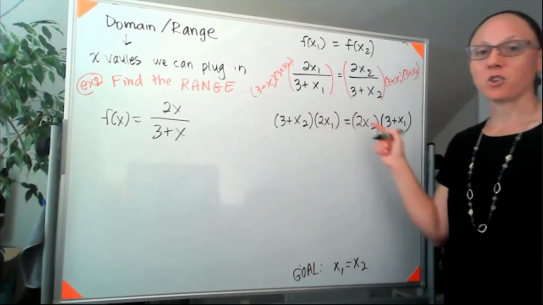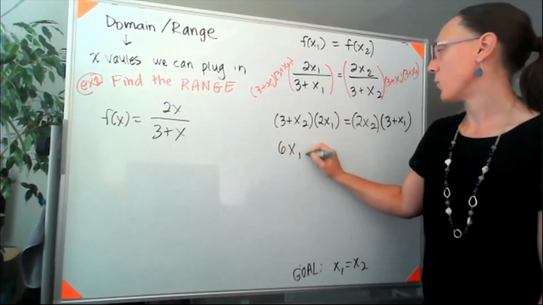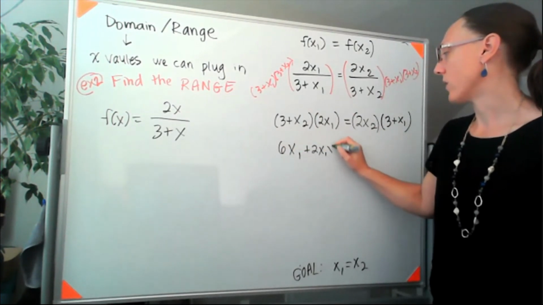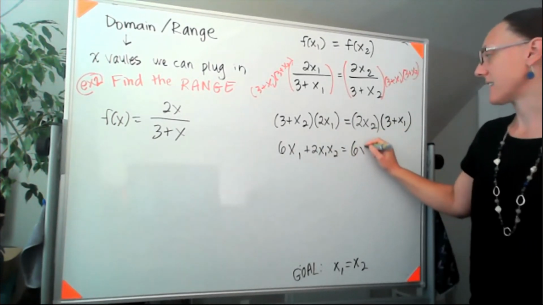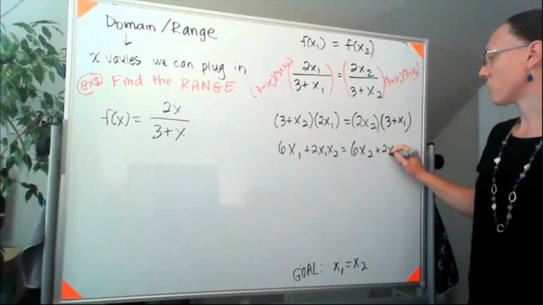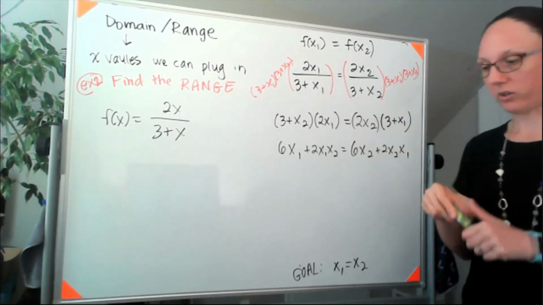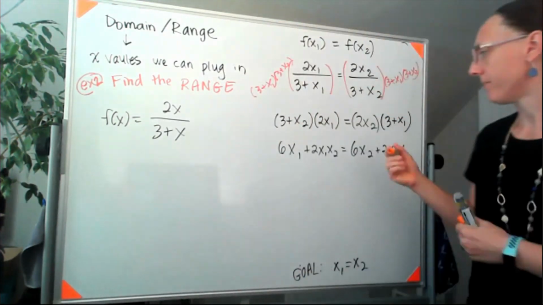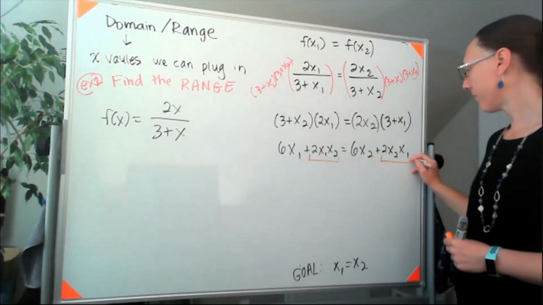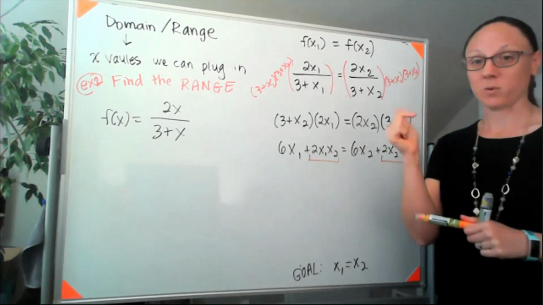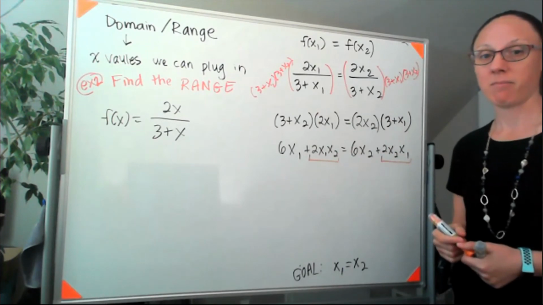Okay, so if I distribute this out, 6x1 plus 2x1 times x2, and over here I'll have 6x2 plus 2x2 times x1. Well, the good news is, since when we're multiplying things, we can rearrange them, this term and this term are the same.